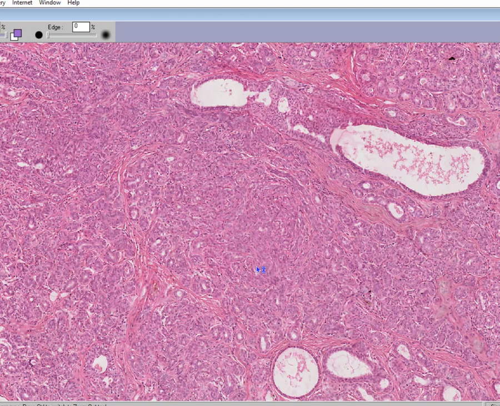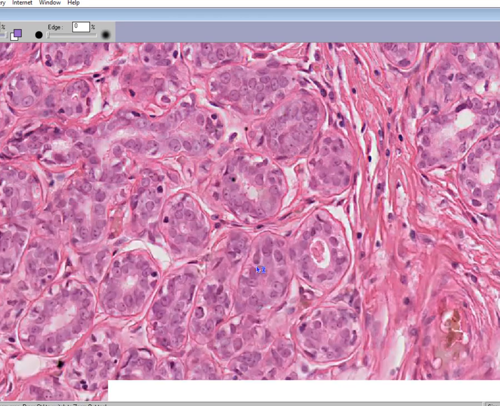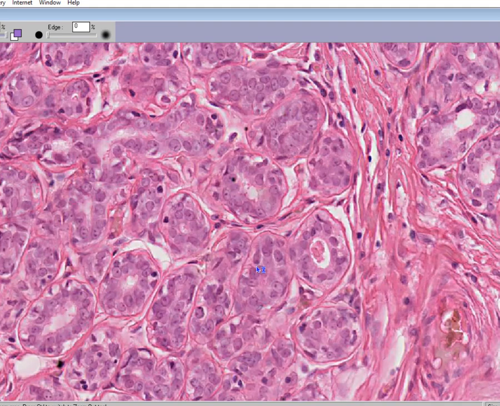However, if you actually look at these increased cells on a higher power, they still sort of conform to a lobular configuration, even though they're compressed and hyperplastic. But look, they still have myoepithelial cells, these little thin cells at the periphery of the acinus. So this was diagnosed as a benign lesion.